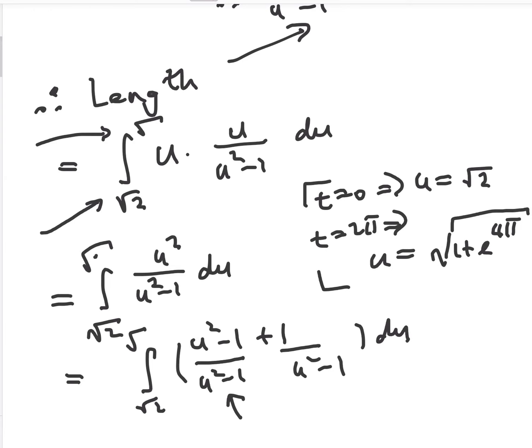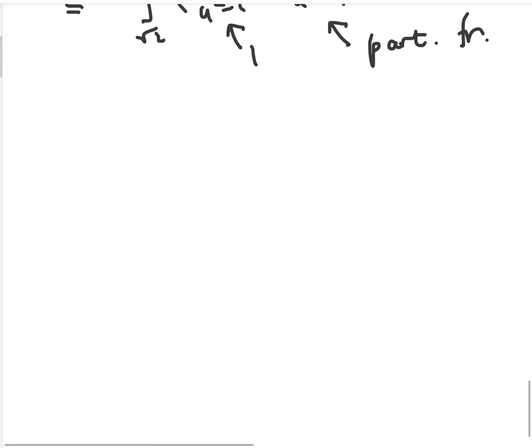This one is just equal to 1, and this one we'll factorize the bottom. So u squared minus 1 is written as u plus 1, u minus 1, and you write it as partial fractions. So here you'll use partial fractions. I'll do this up to some point.